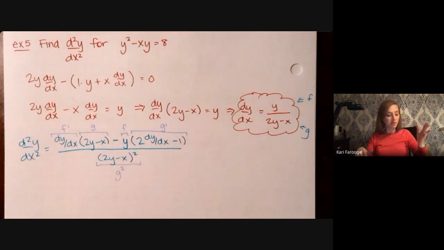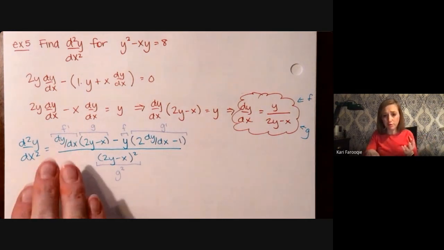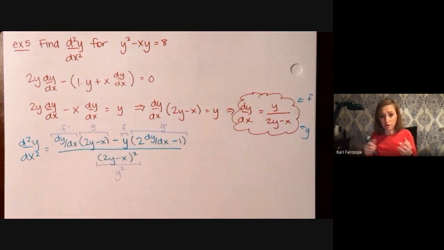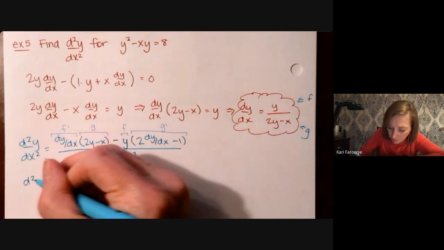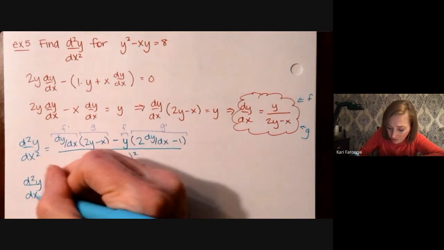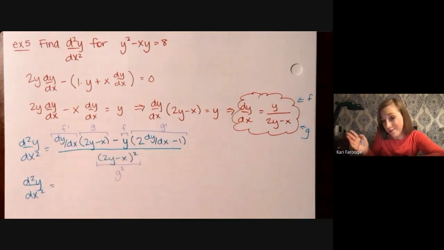Okay, so I'm going to simplify this out a little bit, and then we're going to do a little bit of substituting, because I don't want to have a derivative that has all this derivative notation in it. So let's simplify this out a little bit first. I mean, technically, if you want to be excited about something, we found the second derivative.